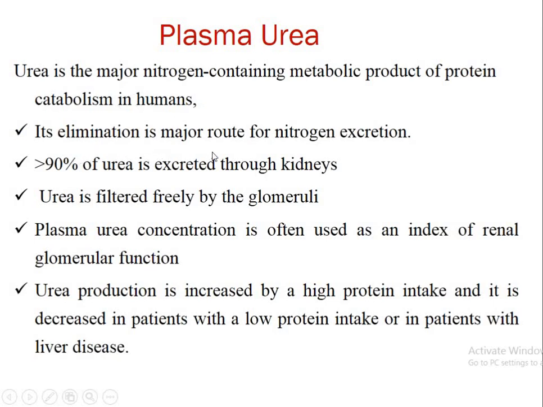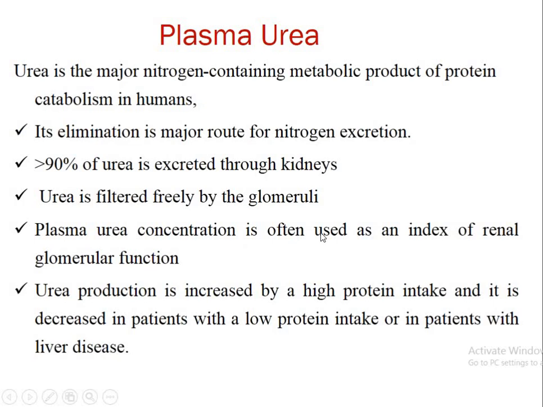Its elimination is a major route for nitrogen excretion. More than 90% of urea is excreted through the kidneys. It is freely filtered by the glomeruli. So whatever urea is coming into the glomeruli will be freely filtered.